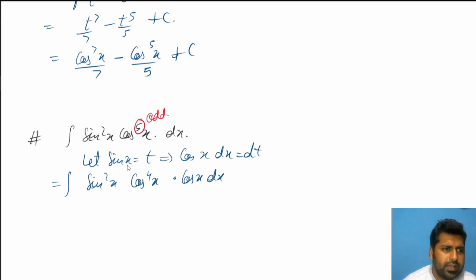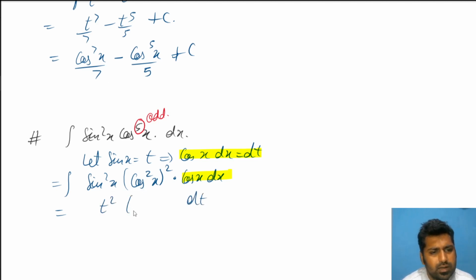Even write this power 4 as cos square x whole square. Now same thing, cos x dx is dt. So I'm writing this as dt. Sin x is t, so t square. Now what is cos square? 1 minus sin square, means 1 minus t square, but there is a whole square on it. So now literally multiply and open the whole square. 1 plus t raised to power 4 minus 2t square dt.